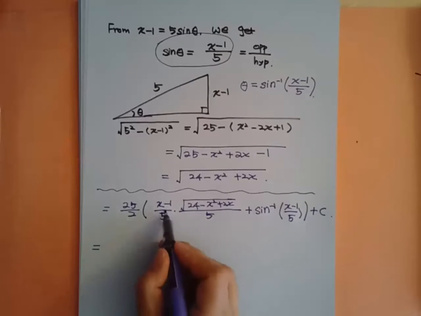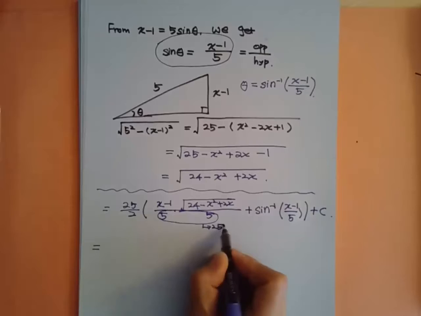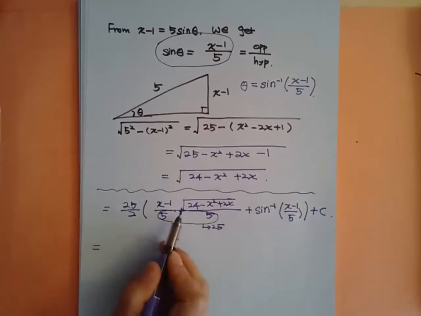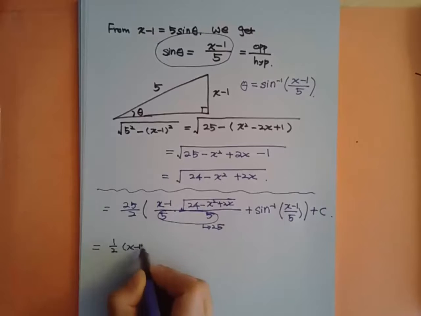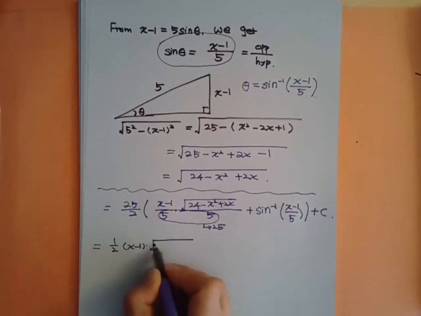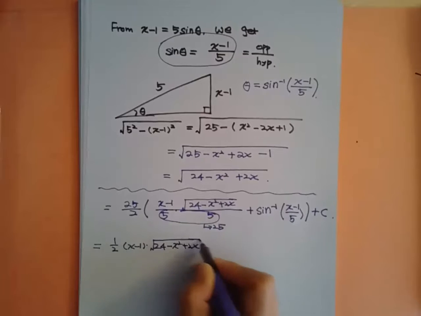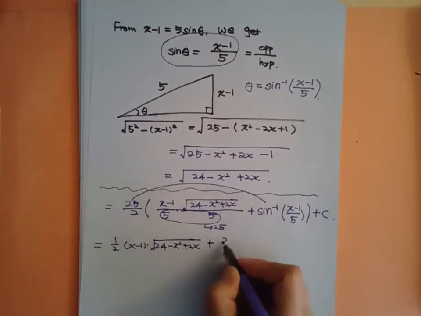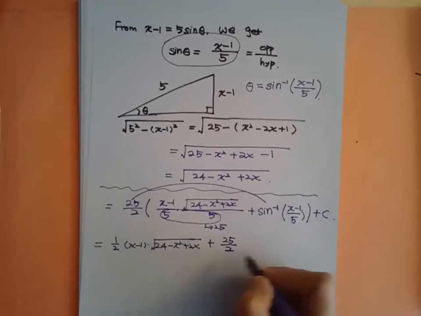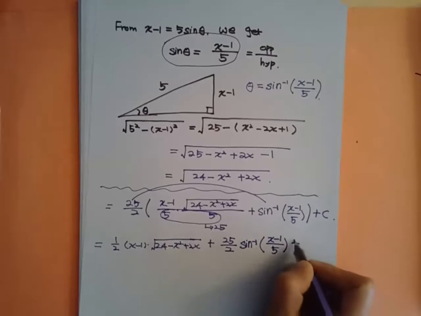So this one will make 25. And when we multiply with this one, that'll be 1 over 2 x minus 1 times square root of 24 minus x squared plus 2x plus we multiply with this one, then we get 25 over 2 sine inverse of x minus 1 over 5 plus c.